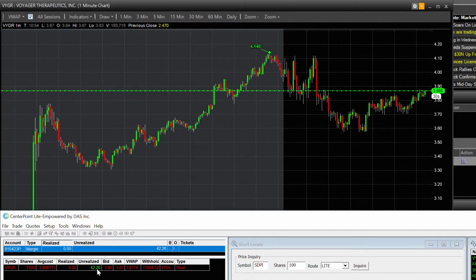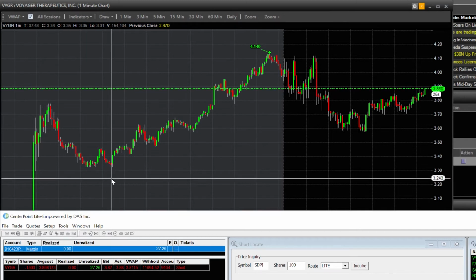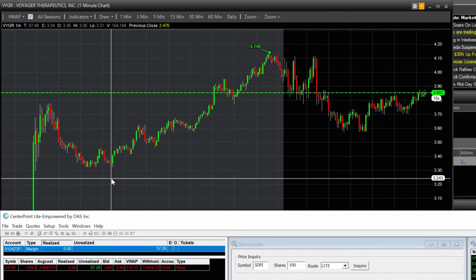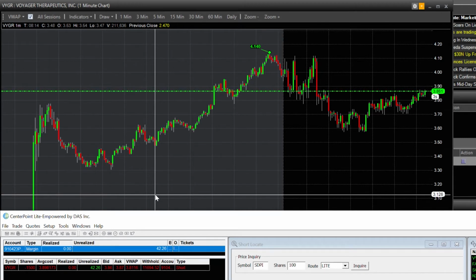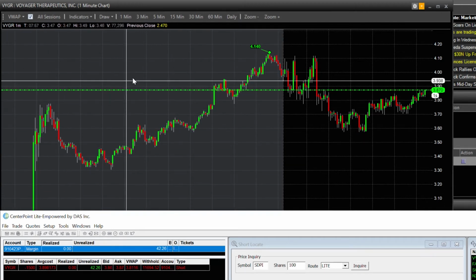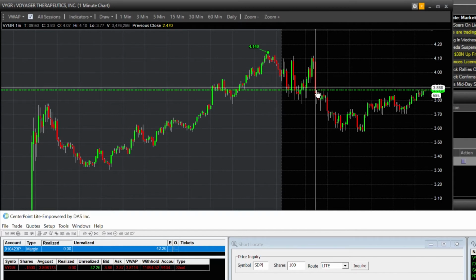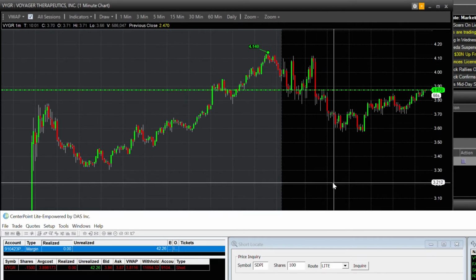Plus $40. I'm really just waiting for this big pullback, something like what happened here. That would be best for the stock.